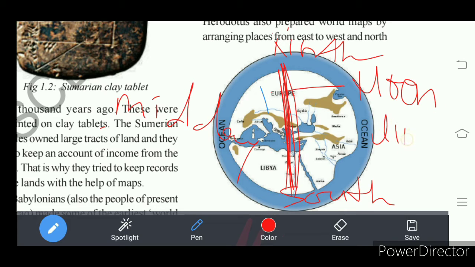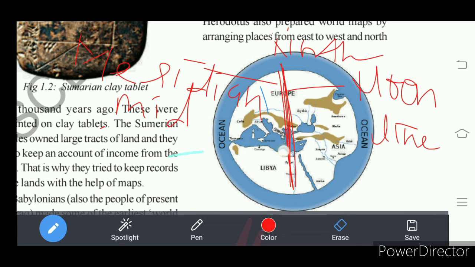N-O-O-N, noon line, which is also called meridian. That is the 0° prime meridian.